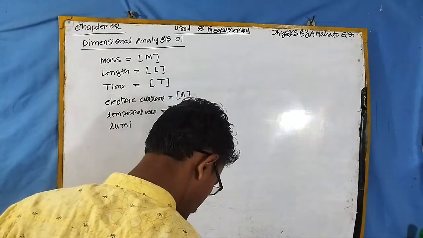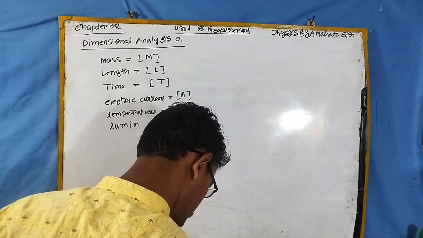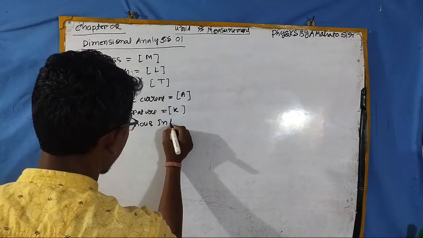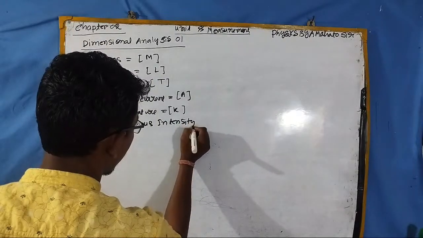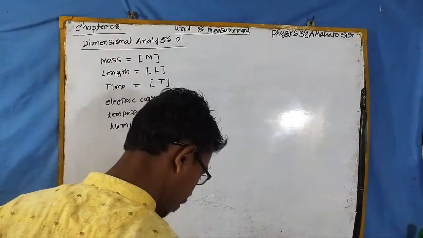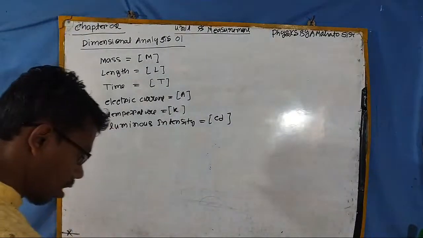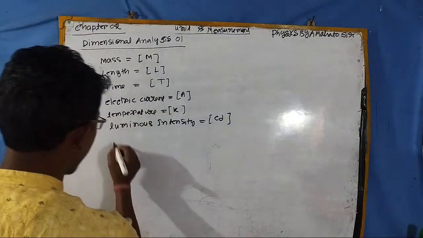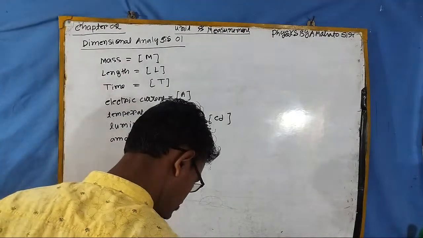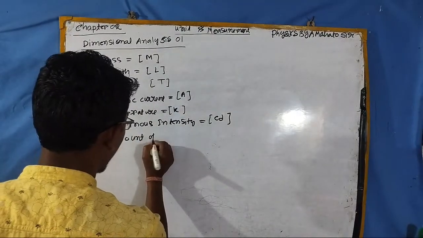Luminous intensity is measured by CD. Next is amount of substance.